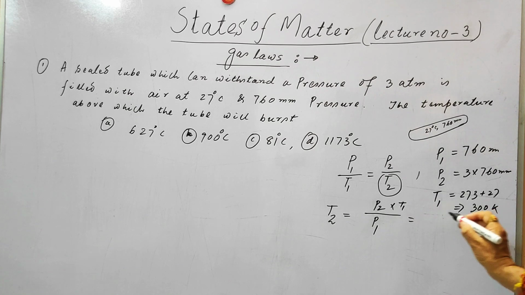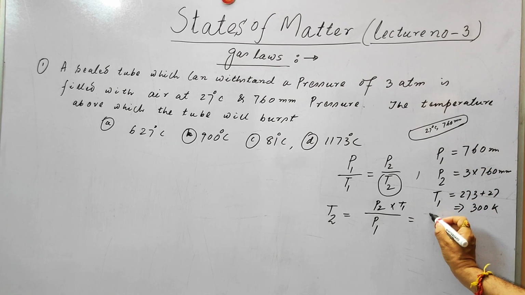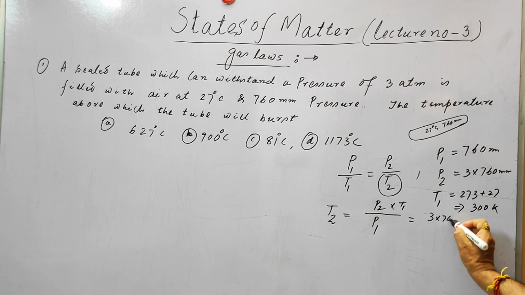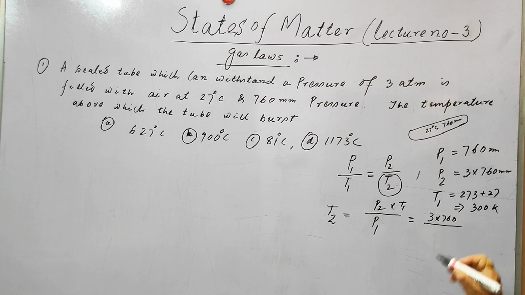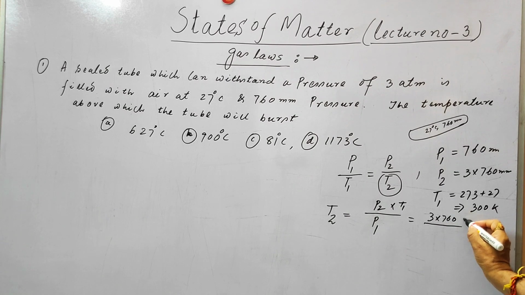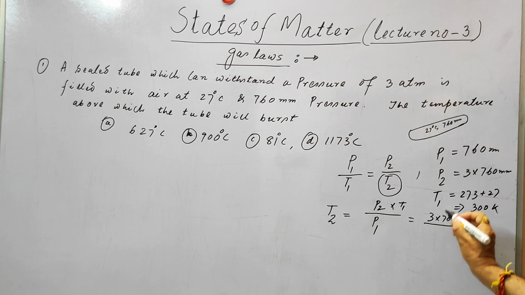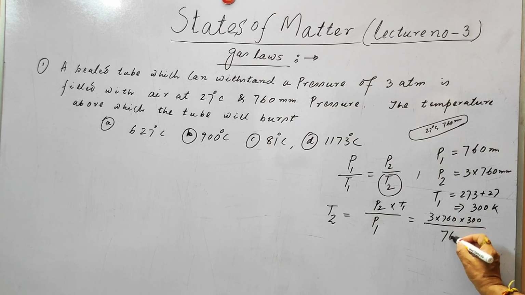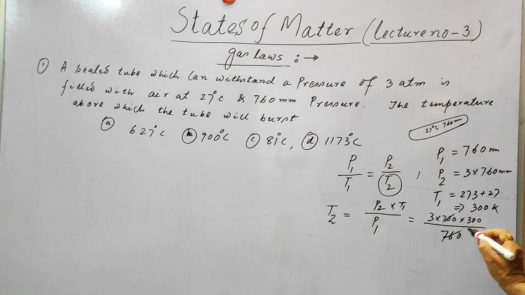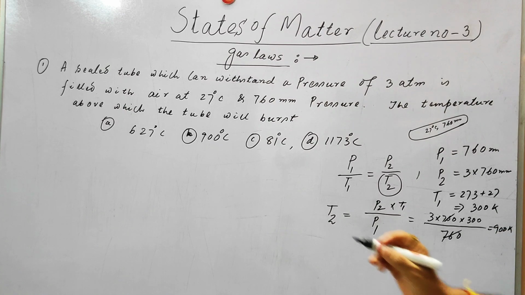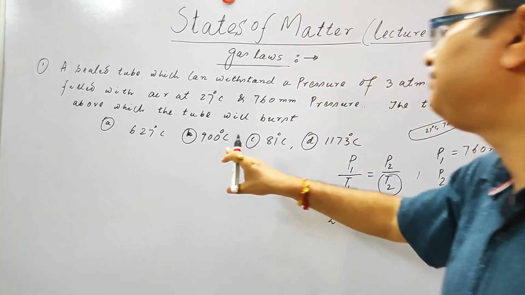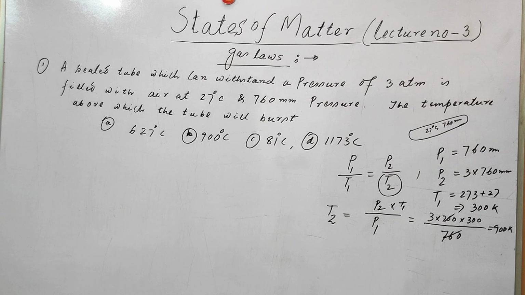Now we will put in the values: 3 into 760 millimeter, into T1 which is 300, divided by P1 which is 760. So this will come around 900 K. Carefully, but you have to answer in Celsius.